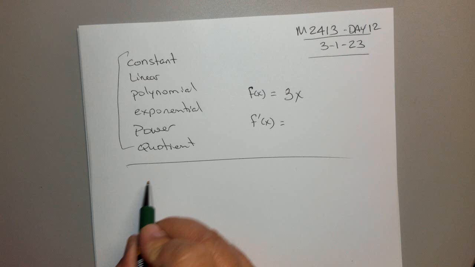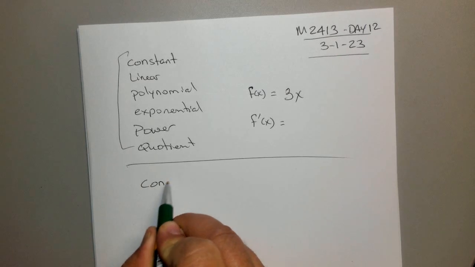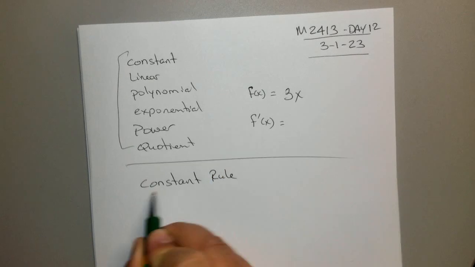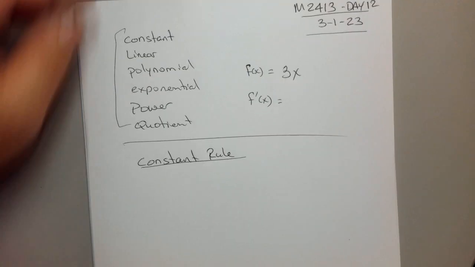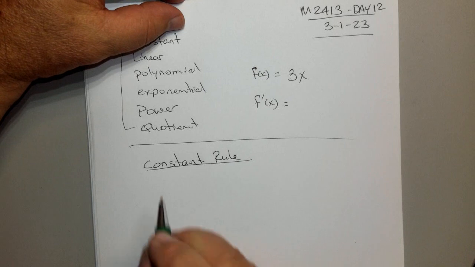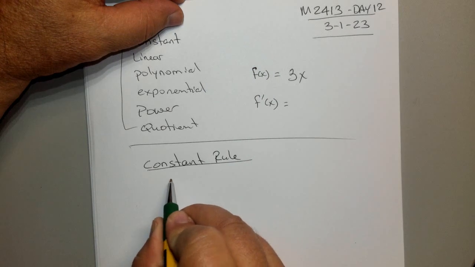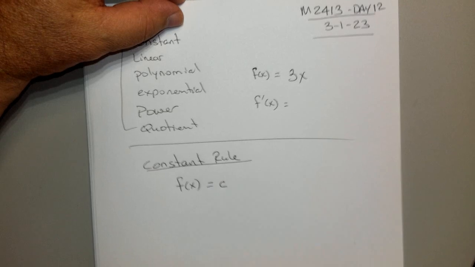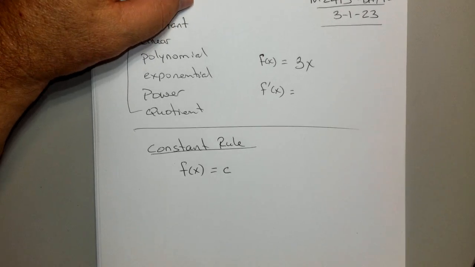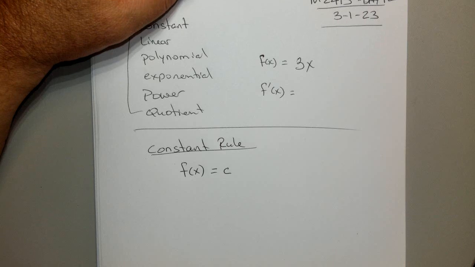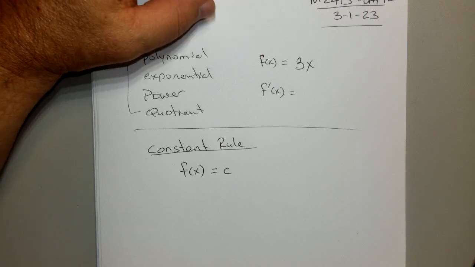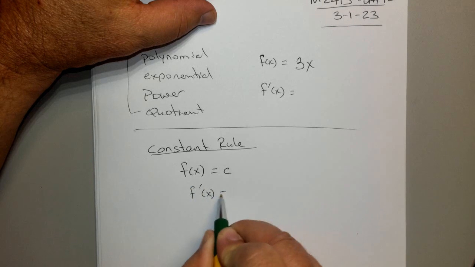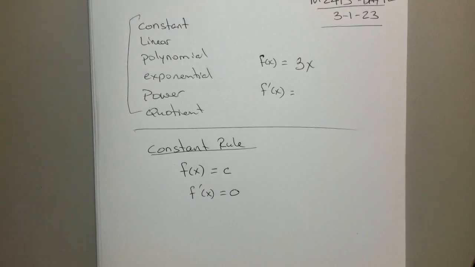The first one, let's talk about the constant rule. If you're given a function of a constant term, the derivative of this constant term is 0.